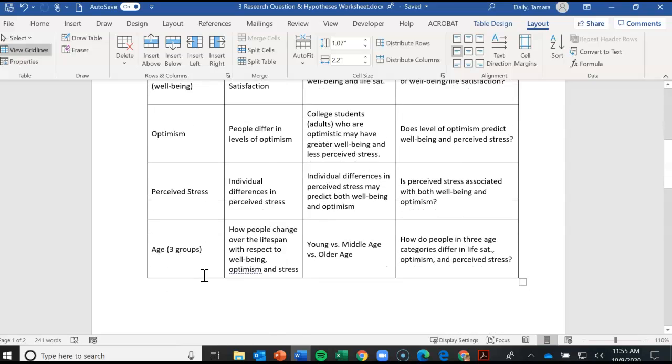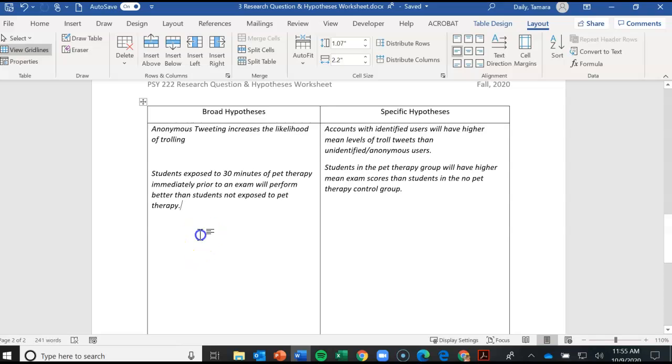So I could start with optimism and broadly say that with life satisfaction, I may also believe that perceived stress will be correlated with life satisfaction.